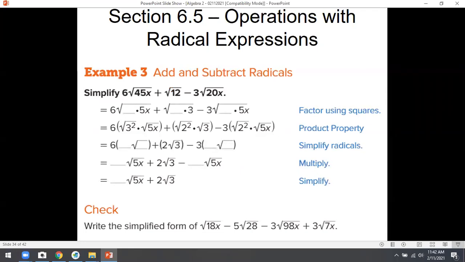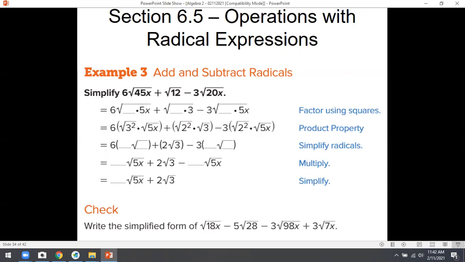There's nothing new to this. Just simplify each root separately. There is no rule for adding and subtracting roots together unless they're the exact same roots. So this one starts off with, what's that?